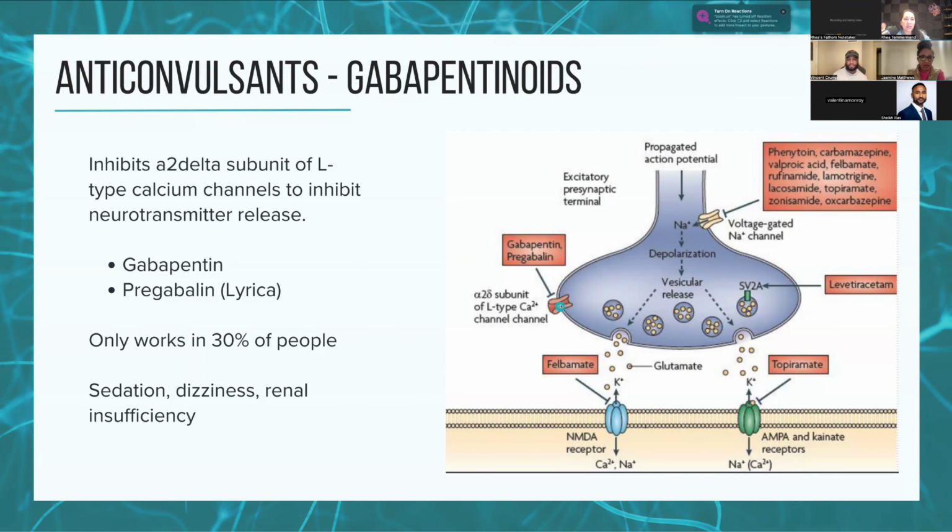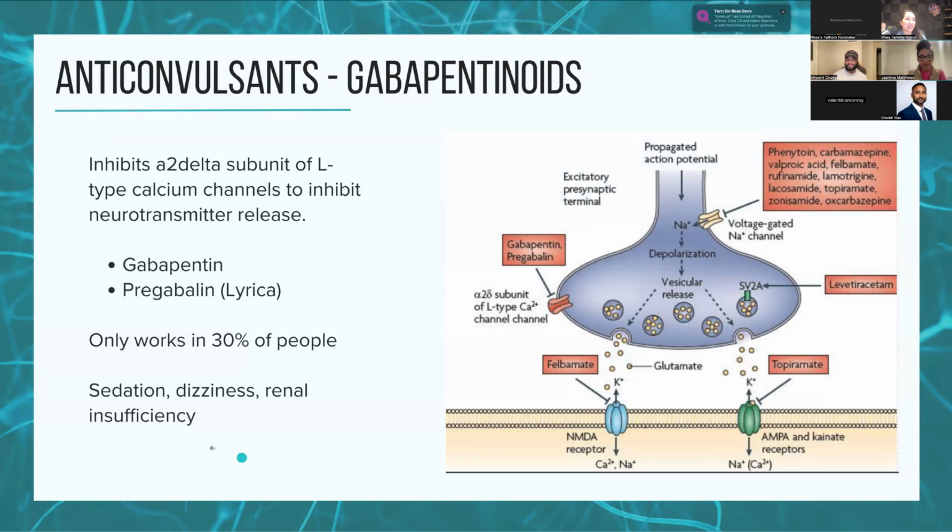There's a specific subunit on this calcium channel called the A2 delta subunit, and gabapentin works on that subunit to decrease the opening of this channel and calcium going in, and decrease the release of neurotransmitter.